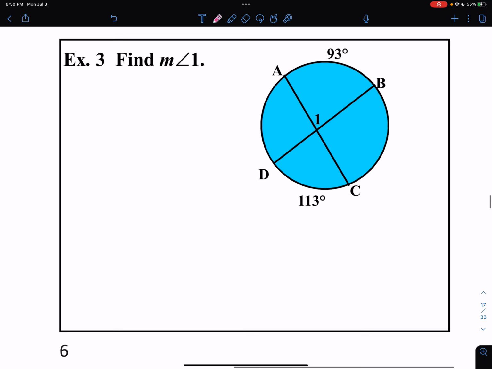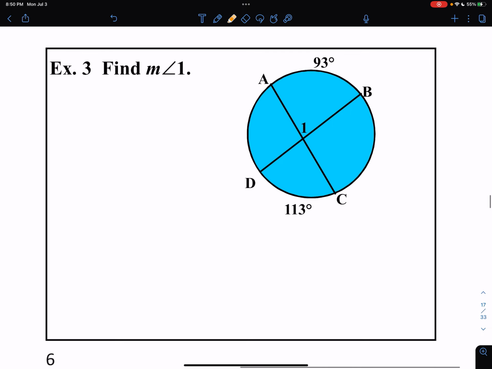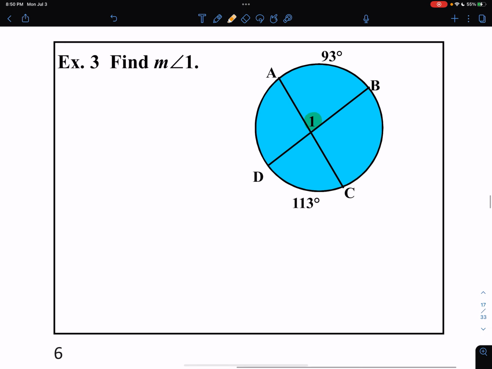We're looking for the measure of angle 1. All right, so if you take a look at the chords, the vertex of this angle is inside the circle, but not the center point. It's intercepting two separate arcs. We've got our 93-degree arc and our 113-degree arc, right?